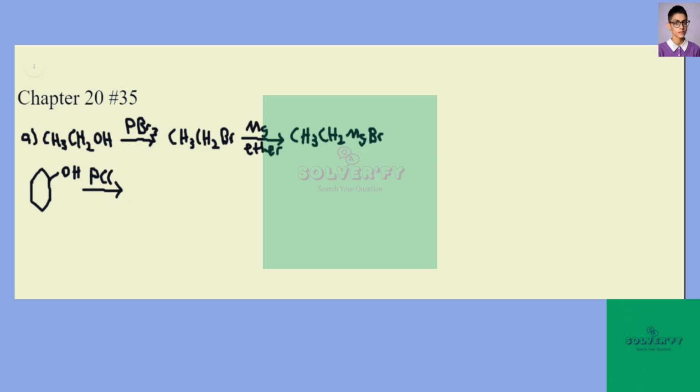But if we oxidize cyclohexanol to cyclohexanone, so there we go, the ketone, now we can use the ethyl magnesium bromide reagent that we made in the first step, followed by workup with water. And that is going to give us our product for A.